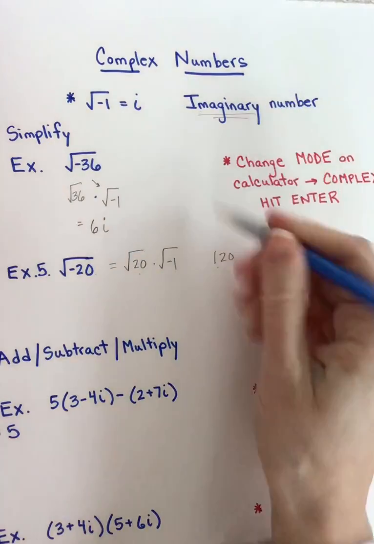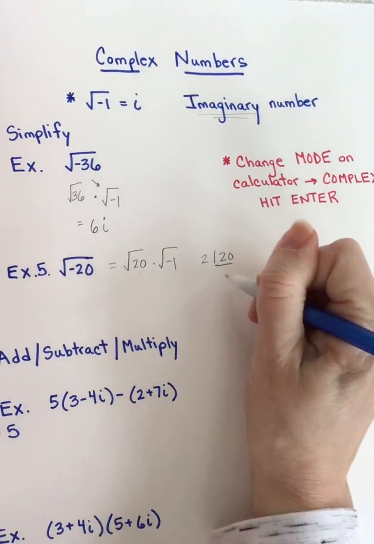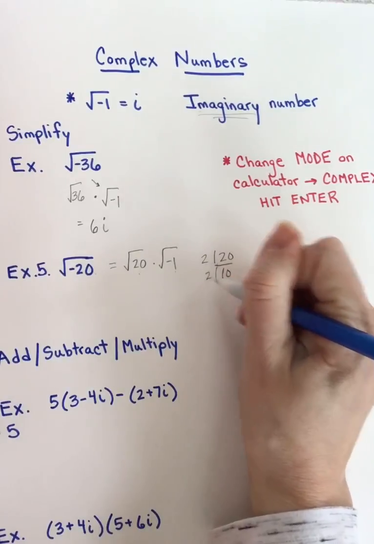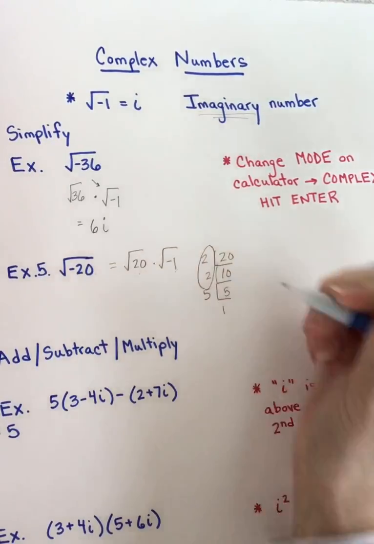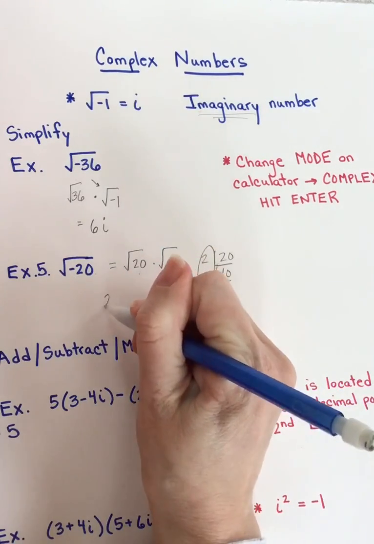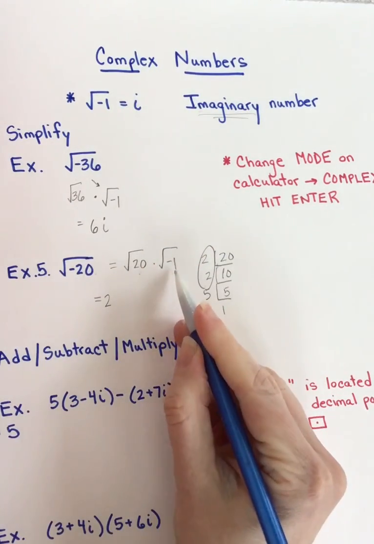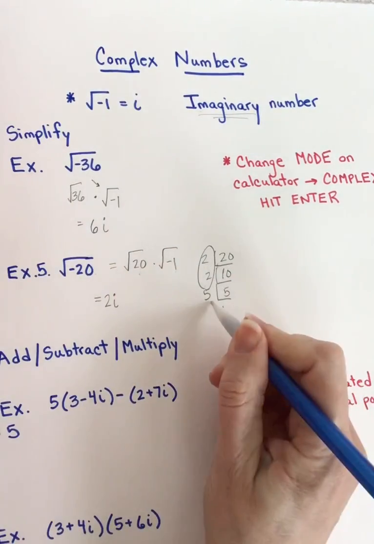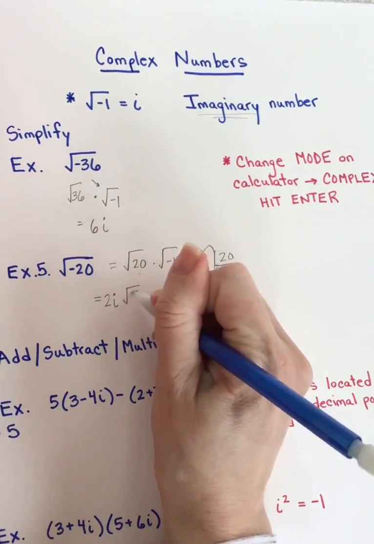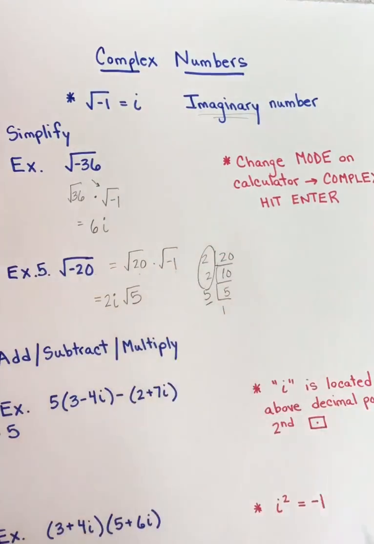I've got 2 and another 2 and a 5 and a 5 and a 1. So a pair of 2's come outside. My square root of -1 turns into an i, and then my spare stays inside the house. Unfortunately, we can't simplify that one on the calculator because it's not a perfect square.